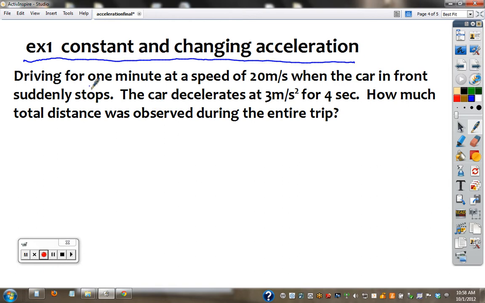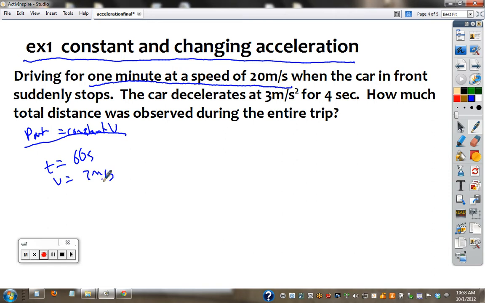Because what happens is we're driving for 1 minute at a speed of 20 meters per second. So part 1 is constant velocity. Time must be in seconds. Velocity equals 20 meters per second. And in the end, we want to know the total distance, because the car in front of you stops and you decelerate at this rate for 4 seconds.